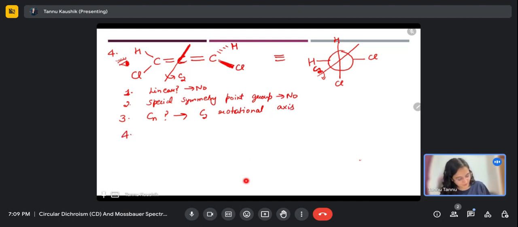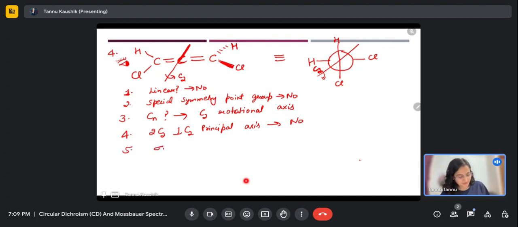Now the next question is, do we have two C2 axes perpendicular to this C2 principal axis? No, we have only one C2 axis in this molecule.